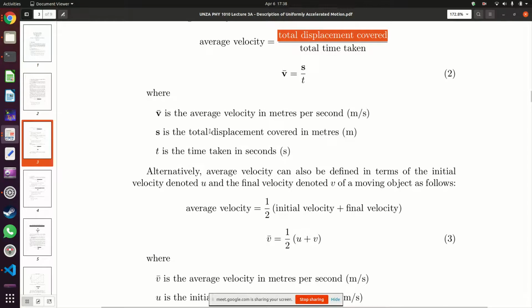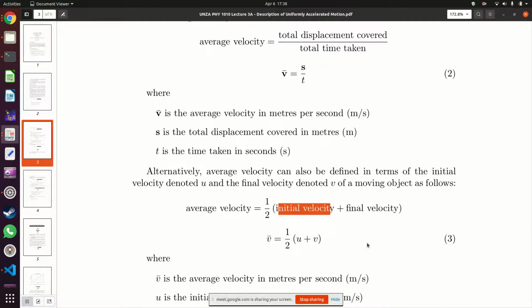We can also find the average velocity as follows: half of the initial velocity plus the final velocity. The speed of an object when you start measuring the time is the initial velocity, and the speed when you finish measuring the time is the final velocity.